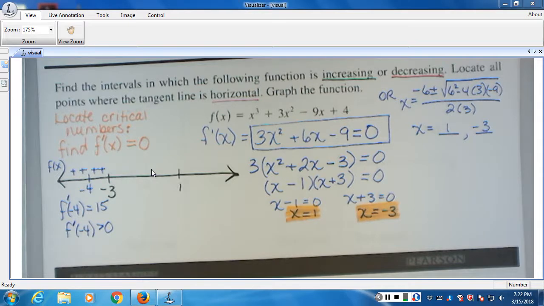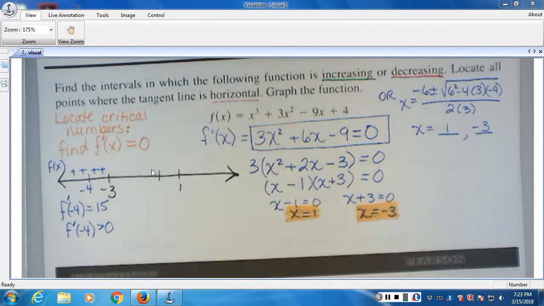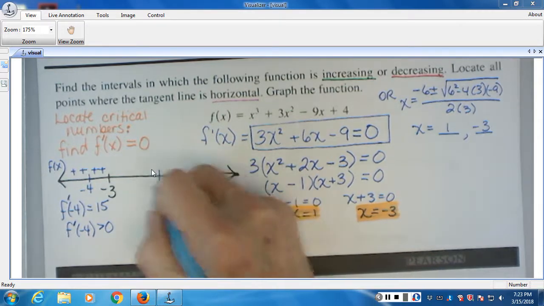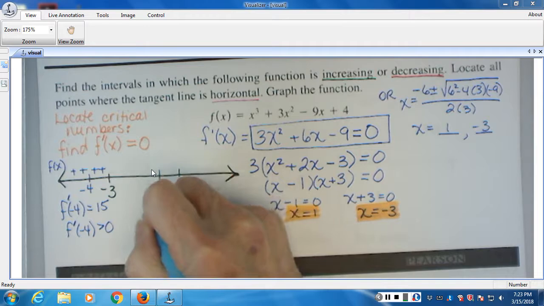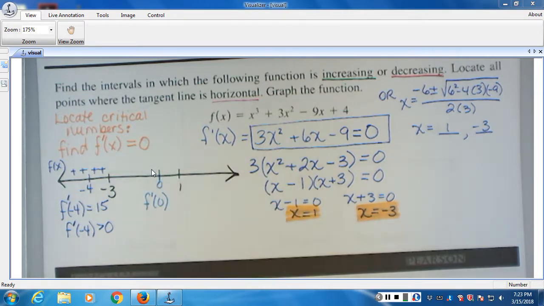Then the next thing that we need to do is we will test a value that's in between negative 3 and 1. And I don't know about you, but my favorite number to test anytime I have to test is 0, because 0 makes stuff disappear. So 3 times 0 squared plus 6 times 0 minus 9 is equal to negative 9.